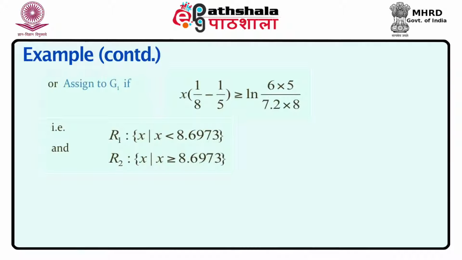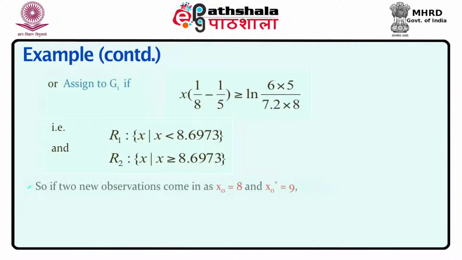This is more realistic given the problem, because you have mean 5 for the first group and mean 8 for the second group. So the smaller observations should go into the first group, and the larger observations should go into the second group.